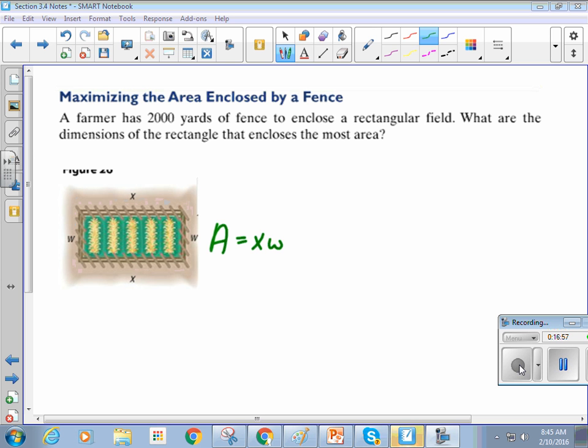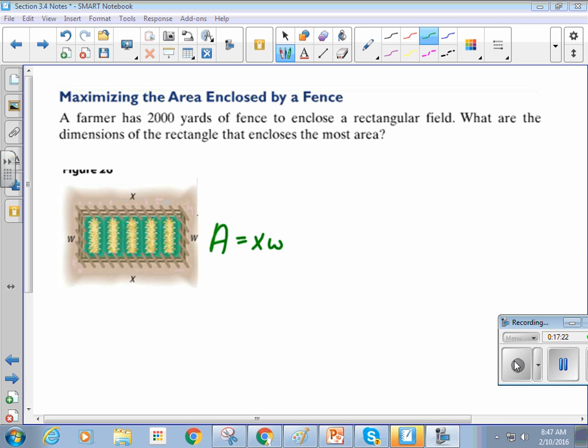Because like with the revenue, we had an equation that related X and P, and then the revenue equation, we substituted in one of the values, so we just had a revenue statement with only a P. What other equation are we going to use here? We have the area of a rectangle and what?